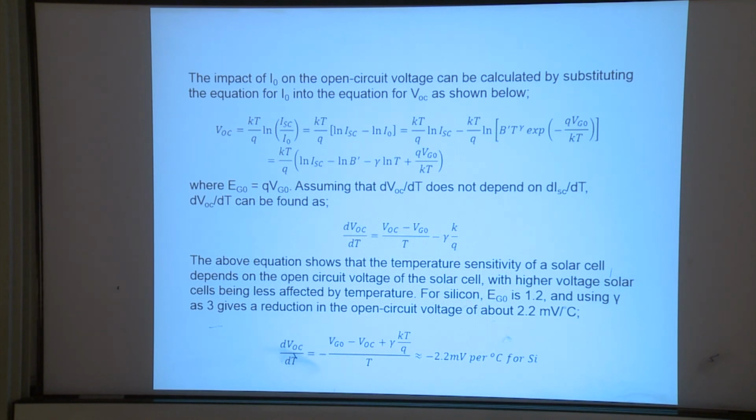So we'll be able to get that. So this VOC will change with T with a coefficient of 2.2 millivolts per degree. And minus. That means if we increase the temperature, the VOC will decrease accordingly.